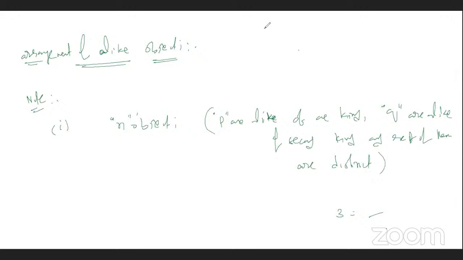And in the arrangement of alike objects, what should we consider? How many times the letter is repeated? Otherwise, how many times the thing is repeated? By that factorial we should write down.